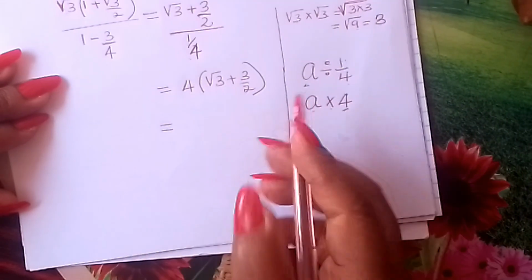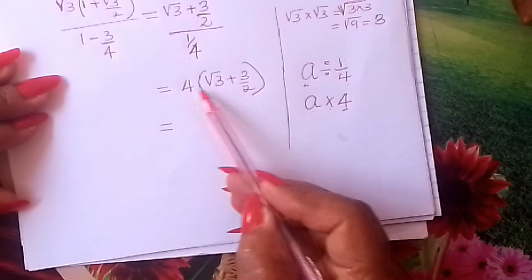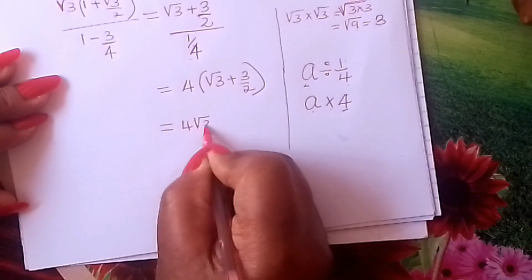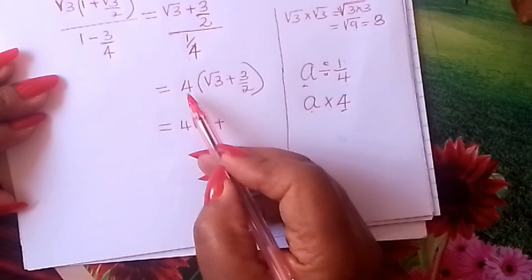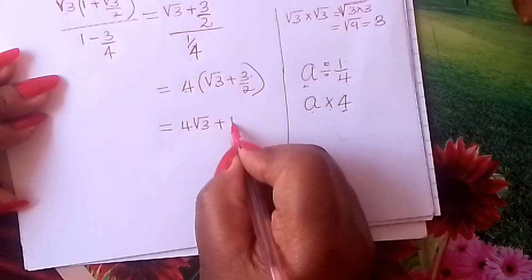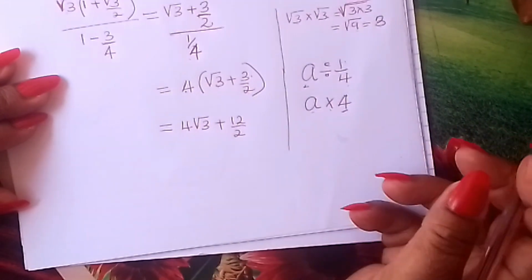So from there, learner, you remove the bracket. This times square root of 3, we write it as 4 root 3 plus what? 4 times 3 is 12. 12 over 2, which is 6.